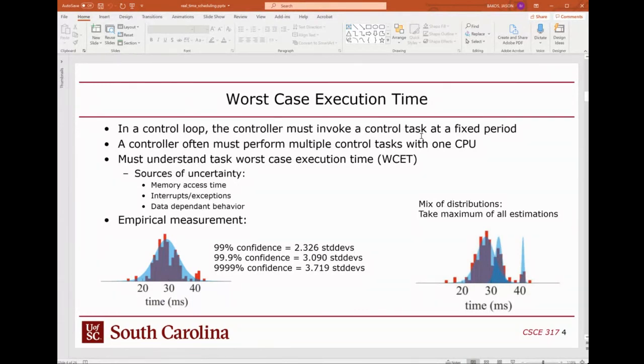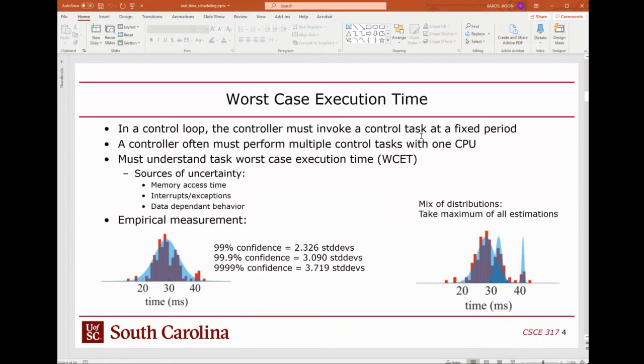So what that means is if you take the mean execution time of all the observed runs, you do an empirical measurement, which means you measure a bunch of runs, you take the mean, then you can be 99% confident that the worst case execution time is 2.326 standard deviations above the mean, right?